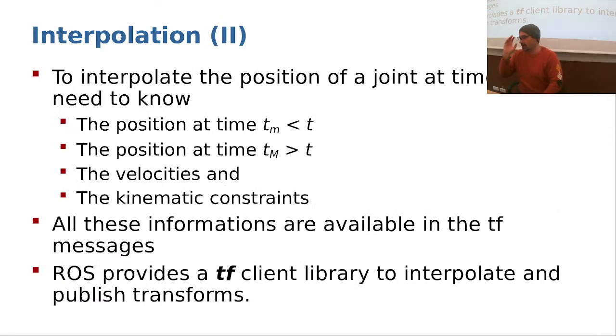Now, remember for a second what we need to do for conducting an interpolation. If we want to interpolate at a certain time t, we need to know the position at least one instant before and at least one instant after the time we want to interpolate, right? Because we need to draw a line. Basically, we are drawing a segment, and in order to calculate its inclination, we need to know where it starts and where it ends.